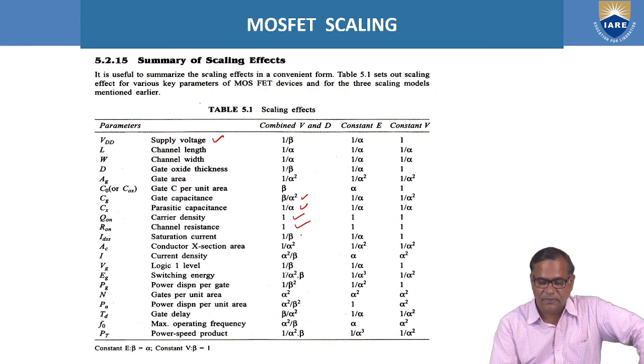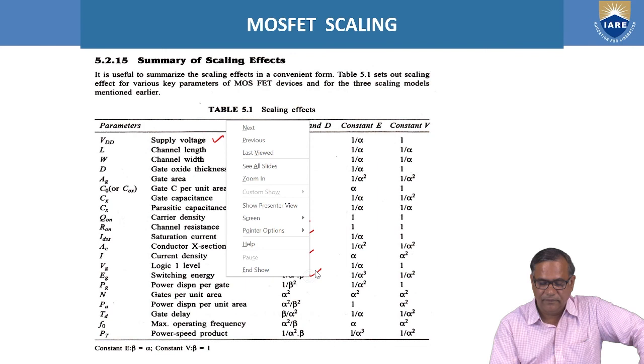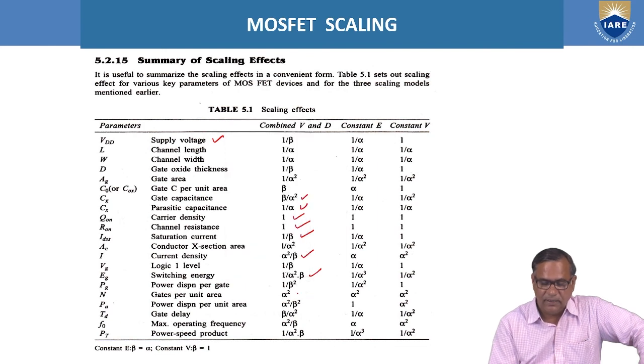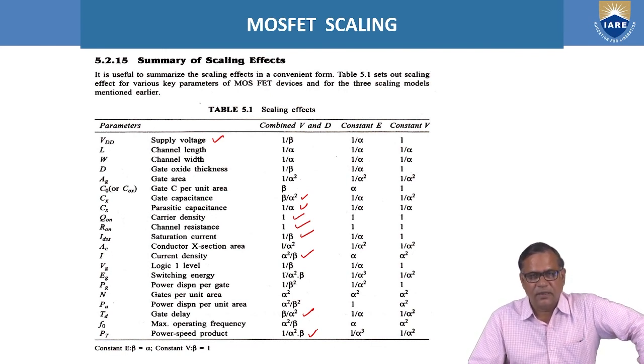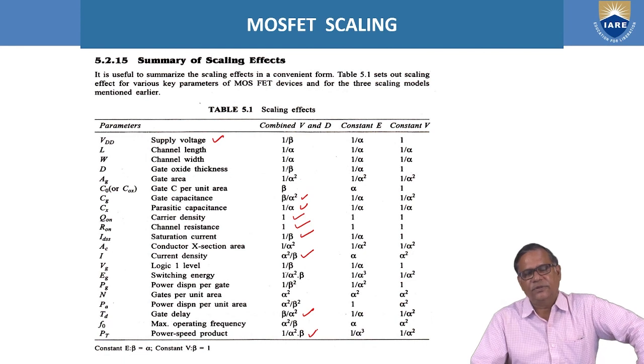Saturation current is 1 by beta, current density is alpha square by beta, switching energy is 1 by alpha square beta, gates per unit area is alpha square, gate delay is beta by alpha square, and power speed product is 1 by alpha square beta.